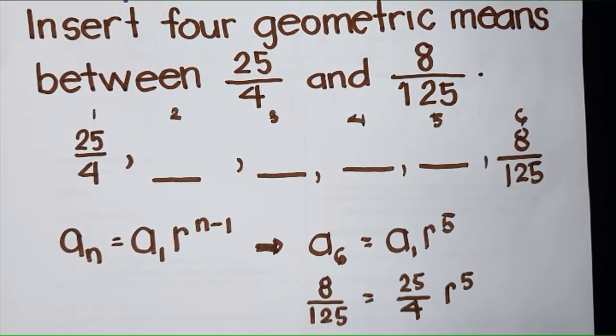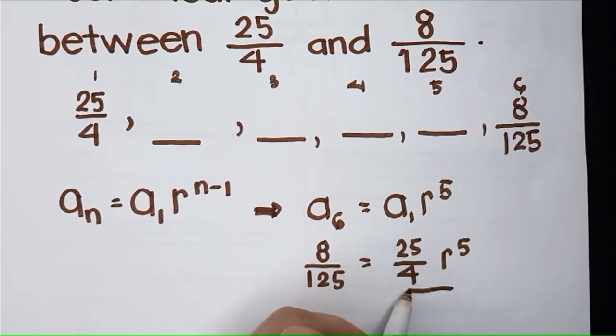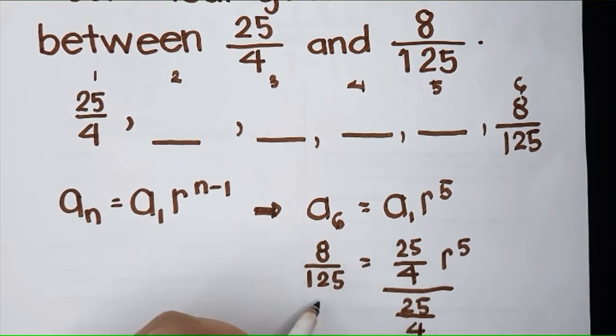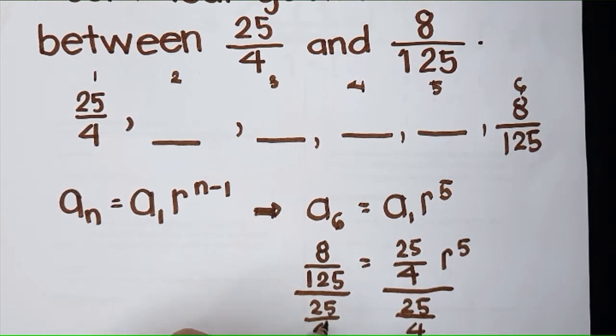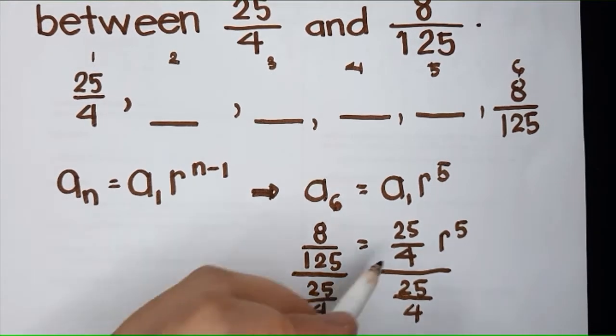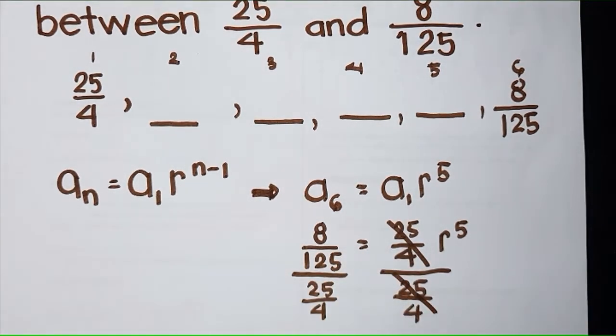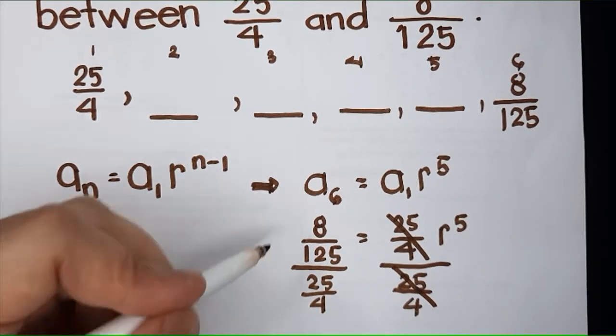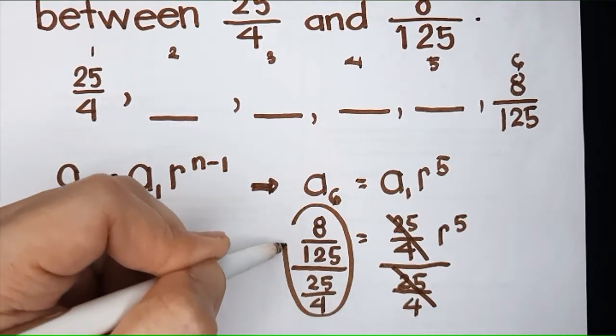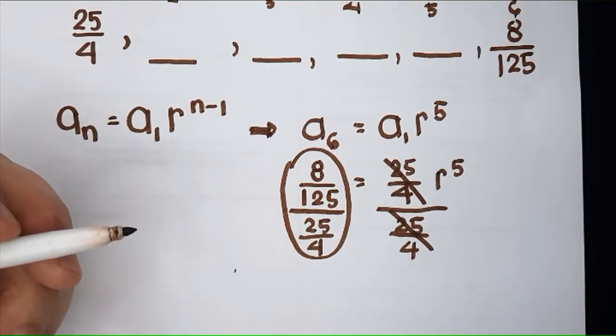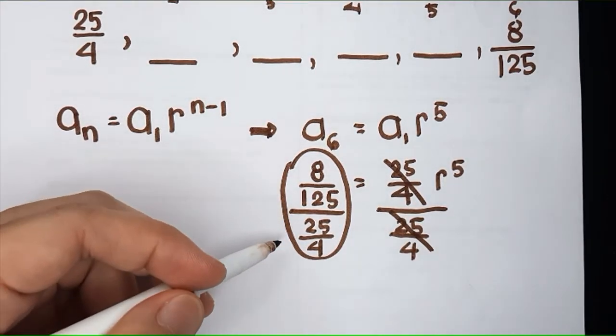So, to finally get r, we divide both sides by 25/4. Okay? So, ito, magka-cancel na yan. Alright? And then, we try to simplify this. Paano yung fraction divided by a fraction?